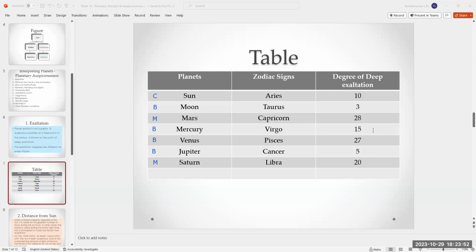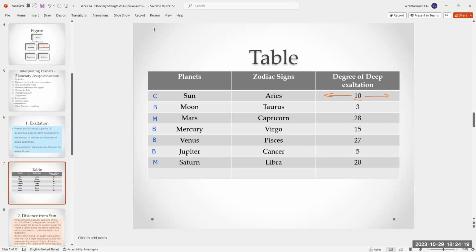So actually, even that will need some modification in the way we understand this. That's why they have mentioned here deep exaltation. So at this specific degree, it will be really very high in strength. But the more you go away from this, that strength will be less.